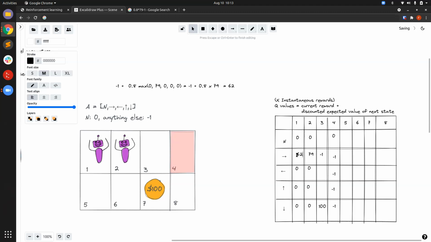So now I can say that the expected value of going right in state 1 will be 62. So you can see that as you repeat this procedure, the future rewards start to be propagated back to earlier actions in the sequence. So I end up learning a good sequence.